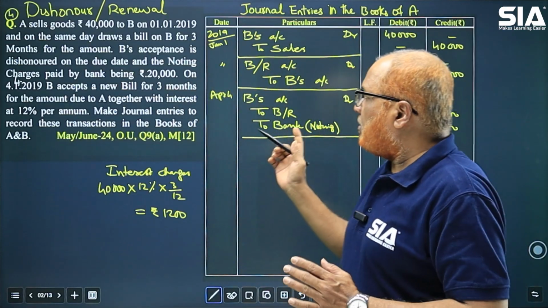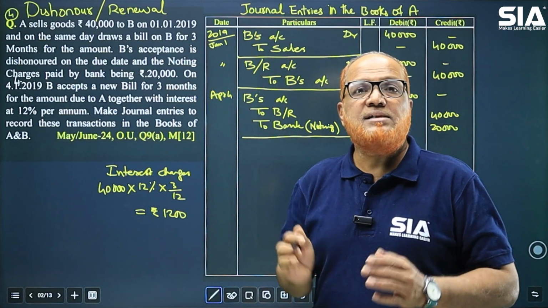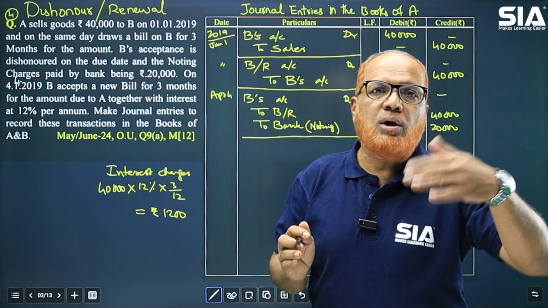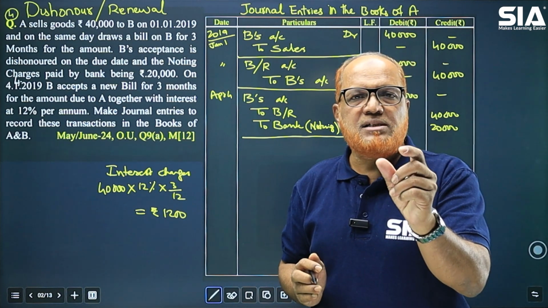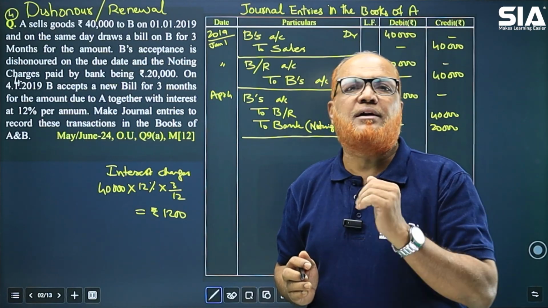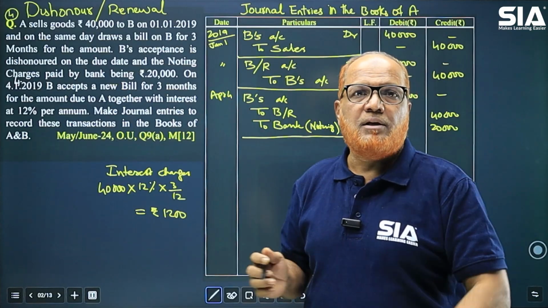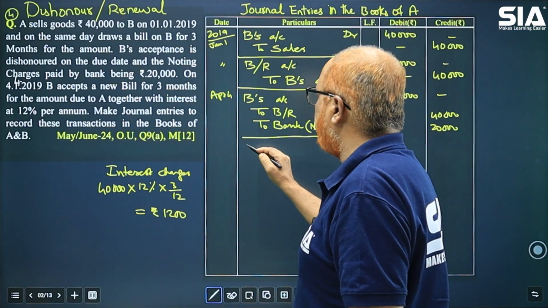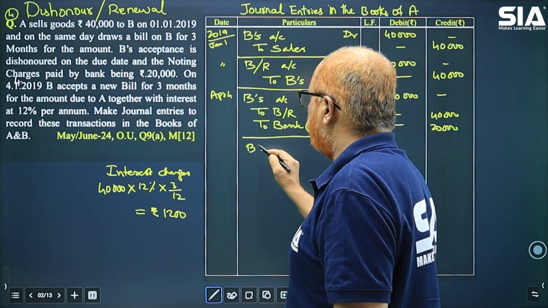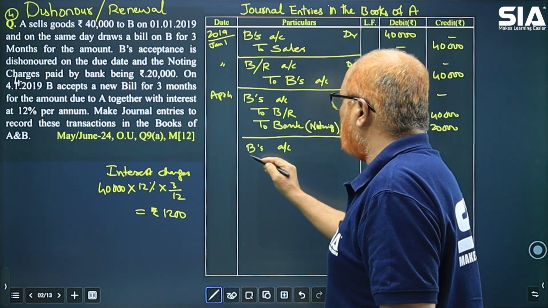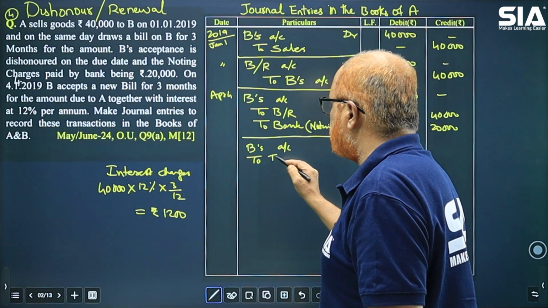Now for A, interest is a gain because A is charging interest on B. So when interest is gain, interest should be credited. And from whom interest has to be received? From B. So we debit B's account. B's account debtor to interest charges.